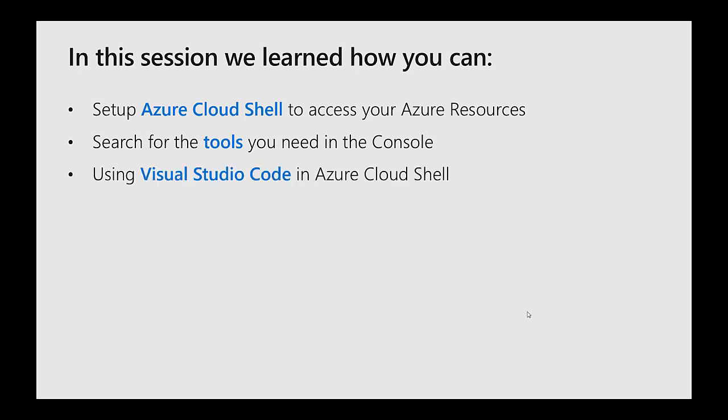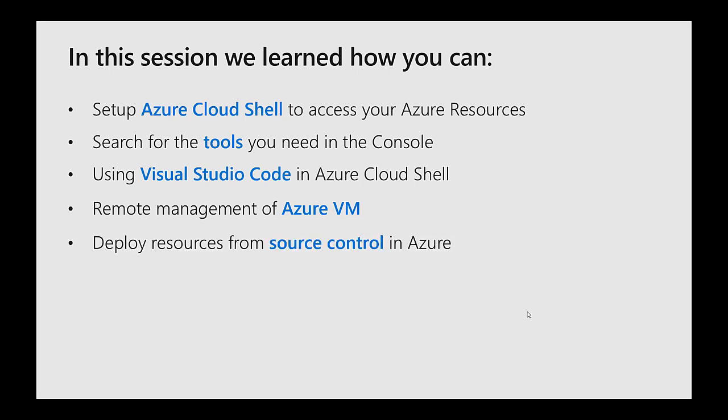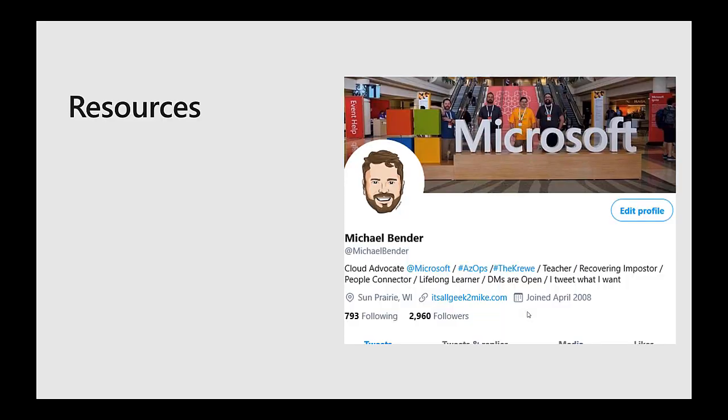We showed you the integration with Visual Studio Code and how we can use that with Azure Cloud Shell. We showed you how to do remote management for your Azure VMs, and we also walked you through how to deploy resources from source control in Azure. And then we finished up showing you different places to use Azure Cloud Shell, like docs.microsoft.com and the Microsoft Azure app.